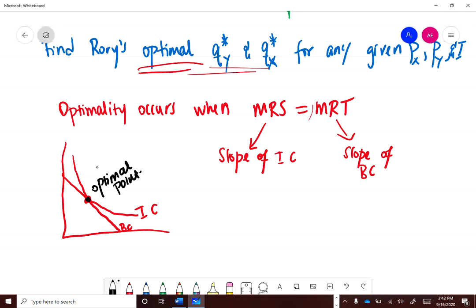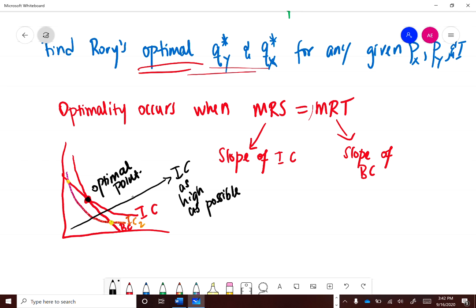So if we had another indifference curve here, let's call this IC2, Rory could afford this, right? Because it's on that budget constraint. She can also afford this. But just from our understanding of how indifference curves work, and how to represent Rory's happiness, she's going to want an indifference curve that is as high as possible, because that means she is as happy as possible.